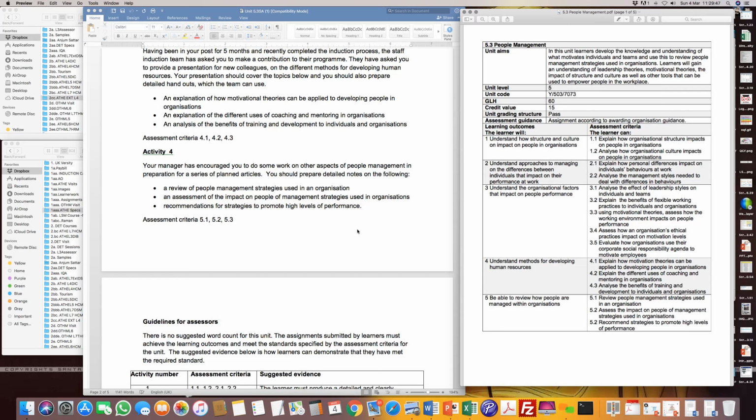Whatever example of an organization you pick in this activity, you could use it to give recommendations on how this could improve performance in that organization. If this is done, these are the recommendations I would make, 1, 2, 3, 4, and those would be the recommendations to improve the level of performance in that department or organization. Okay, yep, fine.